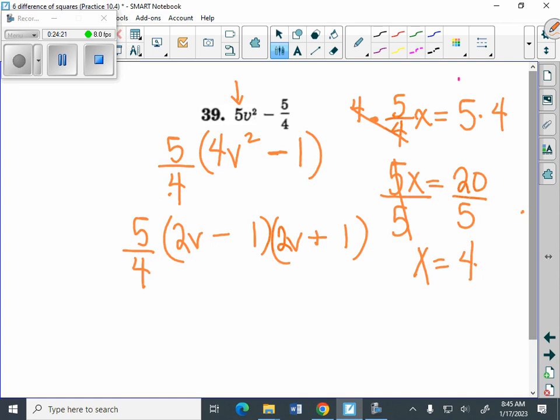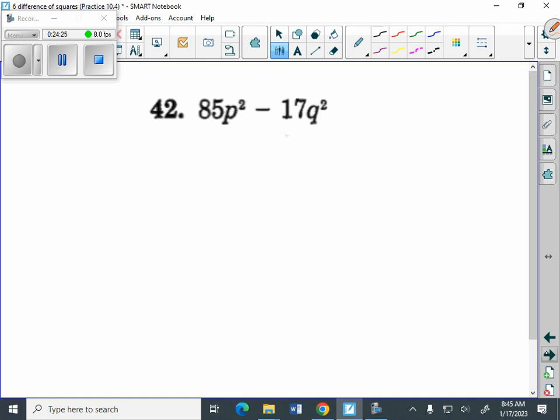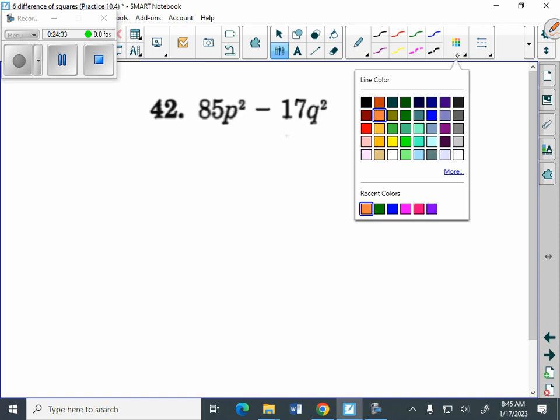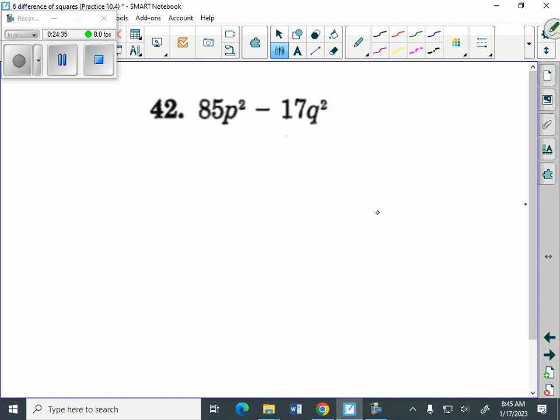And finally, to finish here, when we look at problem 42, once again, we should always be asking ourselves, do we have a greatest common factor? And the answer on this one, it's not obvious, but the answer is still yes. It actually is 17. If we factor out a 17, we're left with 5p squared minus q squared.